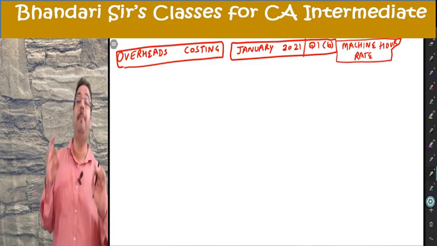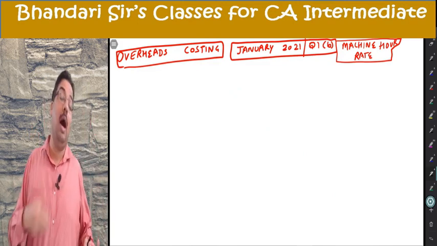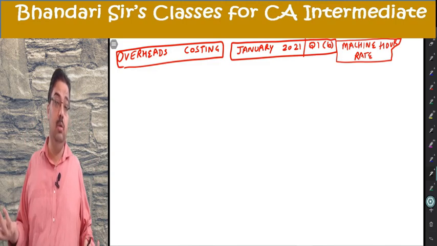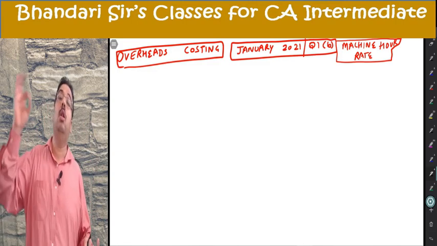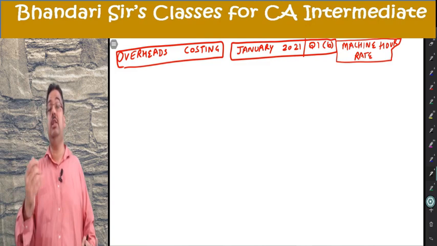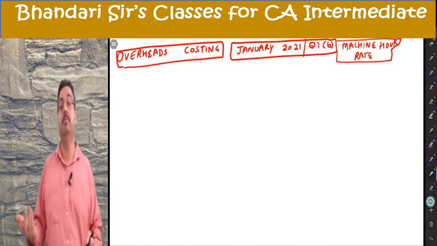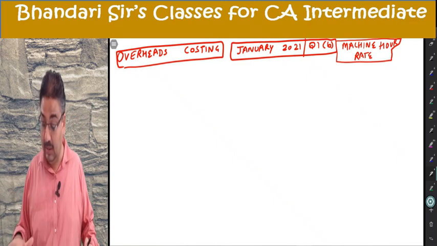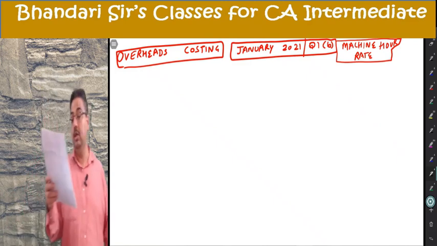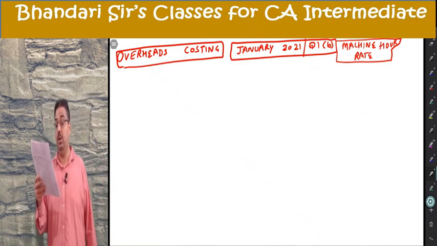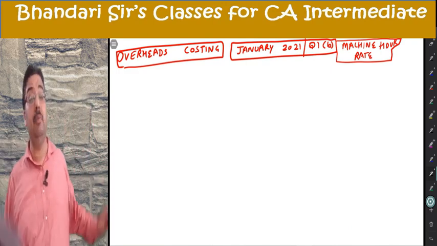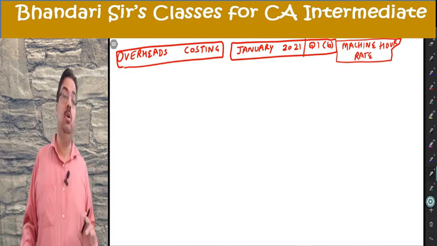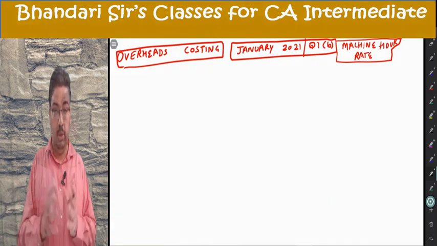For the full department I am going to make. So hours also I will compute for annual for all the 8 machines, considering 6 work at any point of time. If you read the last line of the question, prepare a statement showing comprehensive machine rate for the machine shop. Shop means all together.